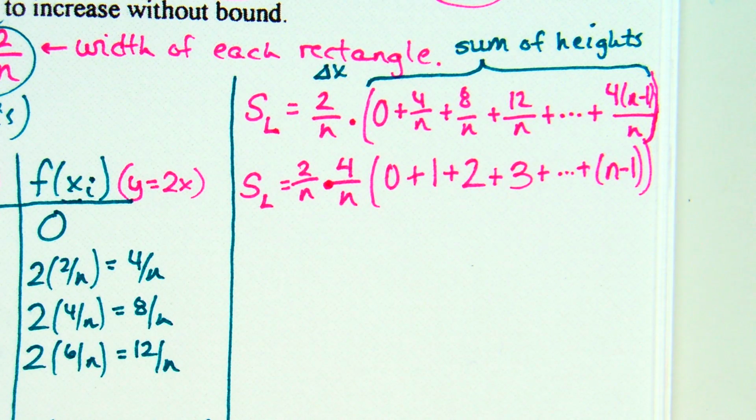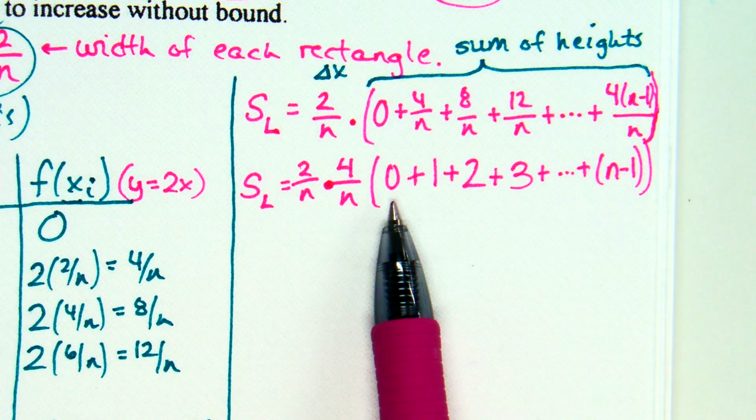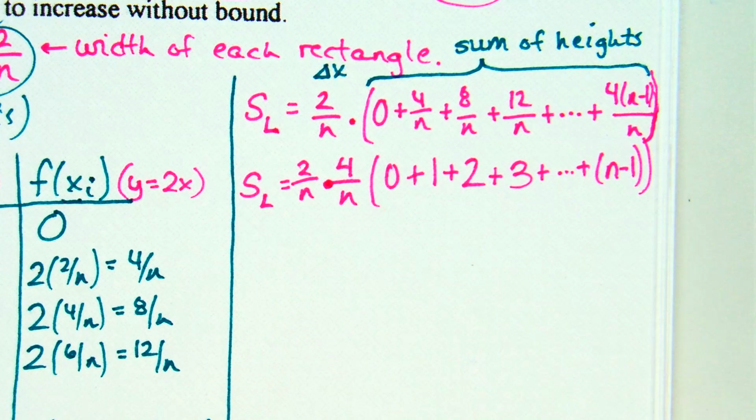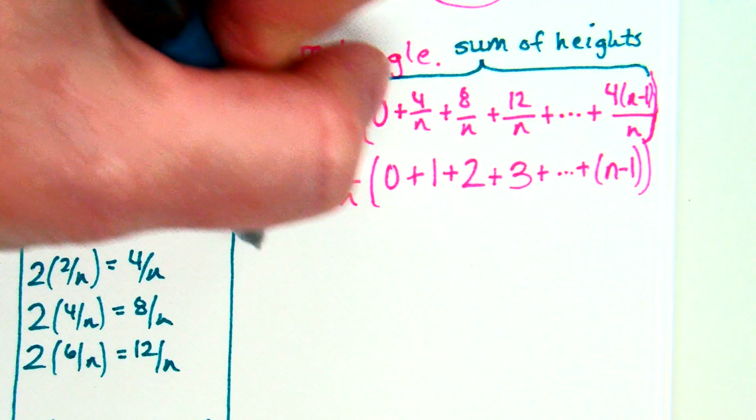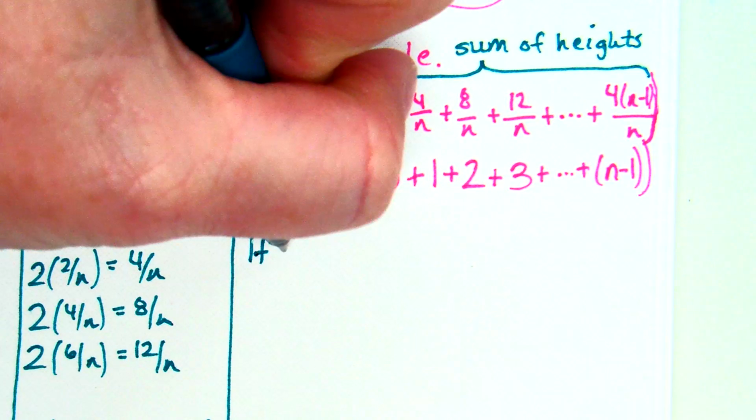And so what I'm going to write here, this is kind of a side note. If 1 plus 2 plus 3 dot dot dot to n normally equals n times n plus 1 over 2, that's what that normally equals, right? We're doing 0 plus 1 plus 2, so on and so forth, and we're going to n minus 1.